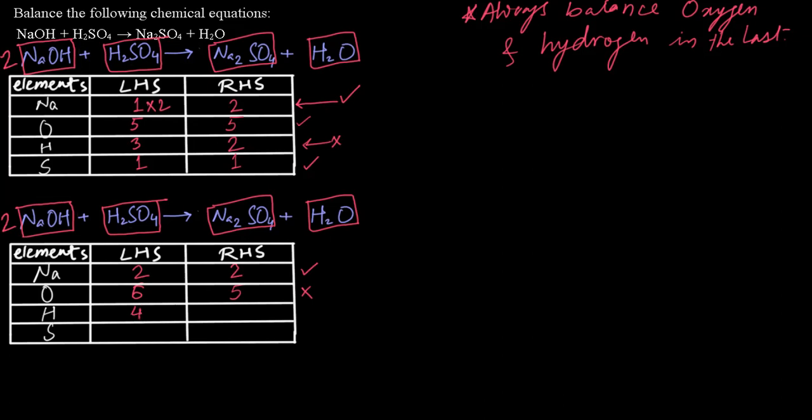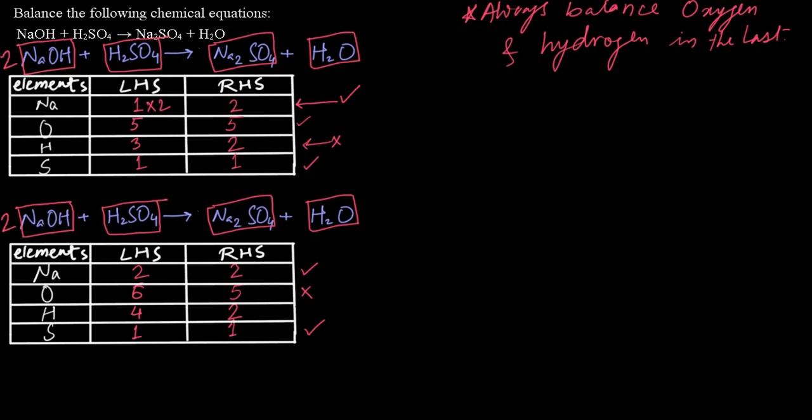And on the right hand side, we have H2 from the water molecule, so only 2 atoms of hydrogen. Now for sulfur, we have 1 atom of sulfur on the LHS and 1 on the RHS. Again, it is already balanced, 1 and 1.